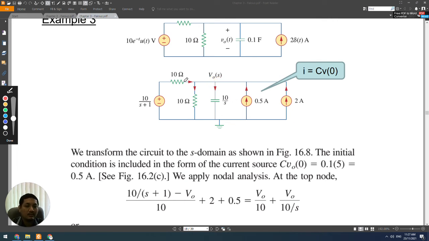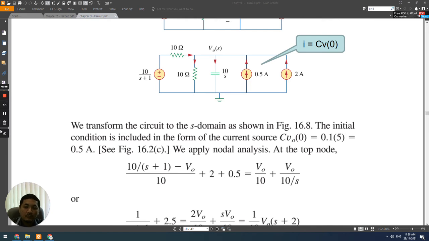We can see that three currents are going in, and two currents are going out of the node.